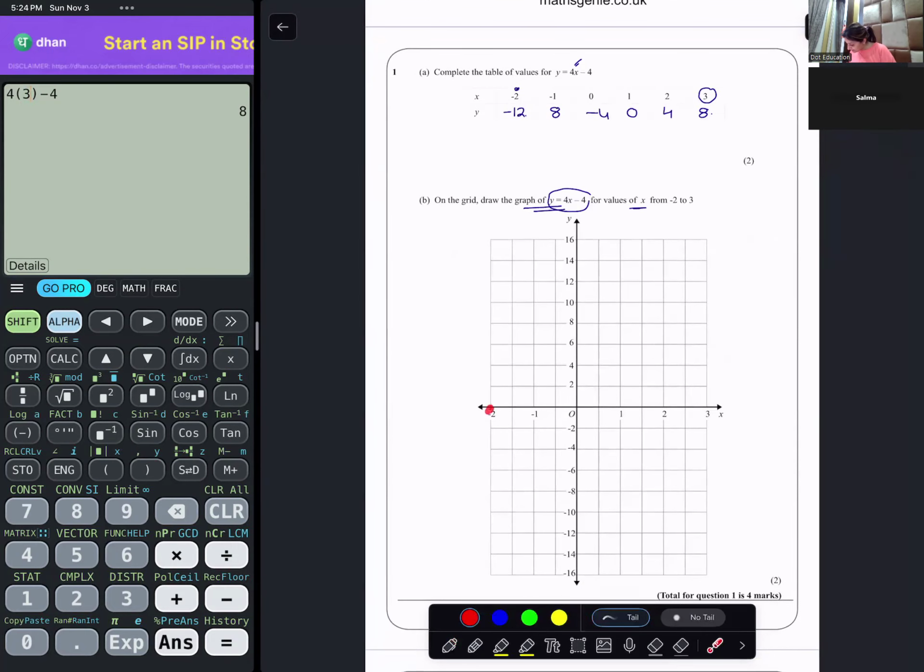So my first point would be here. Second, when x is minus 1, y is minus 8. My second point is here.